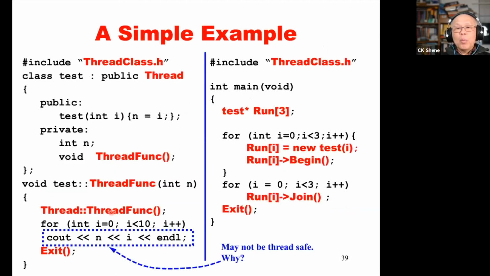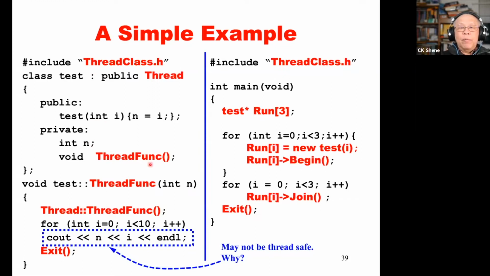So we're almost done with this extremely simple example. Now let's go through the thread class again. This class is referred to as test, and we have a constructor which takes an integer input to be used to initialize the private variable n.